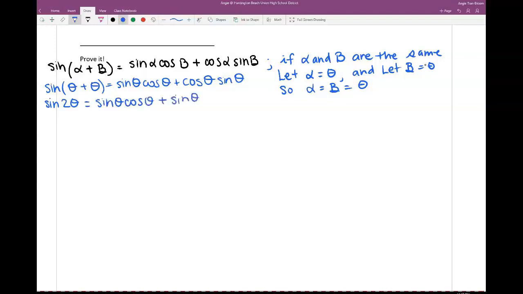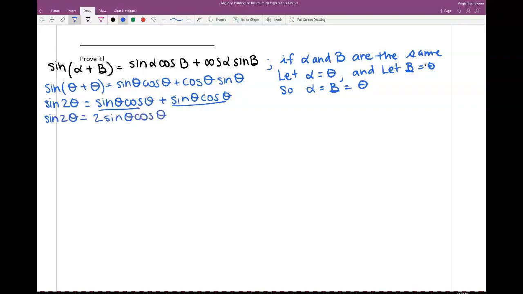Because addition is commutative, and so is multiplication, that means I can move things back and forth. So would you agree I can combine these because they're exactly the same? So sine of 2 theta is 2 sine of theta times cosine of theta.